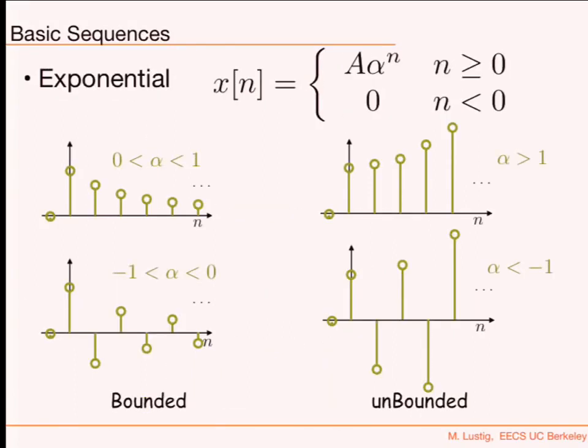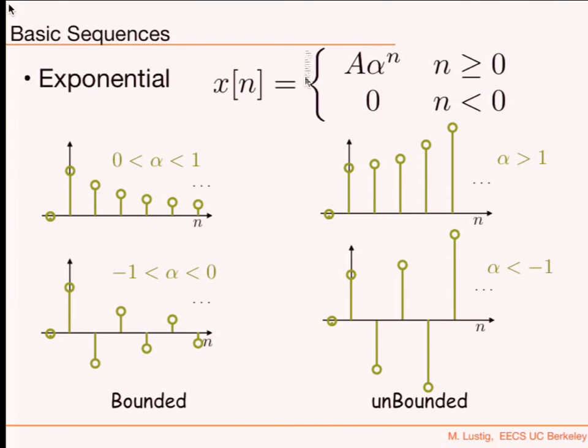Exponential sequences we're going to use to analyze, and you'll see that especially when we're talking about the Z transform. So an exponential is basically you have some constant multiplied by some alpha to the power of n, so it's an exponential series. And depending on what alpha is, that sequence is either going to be bounded or it's going to be unbounded. Okay?